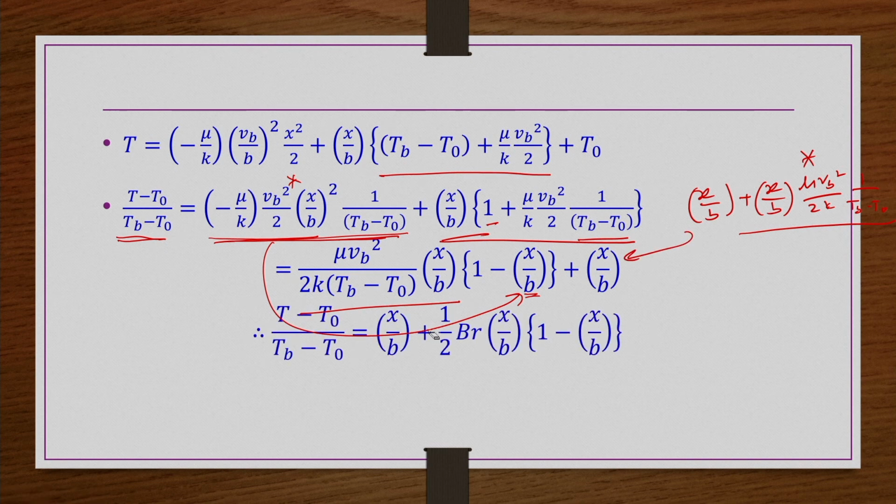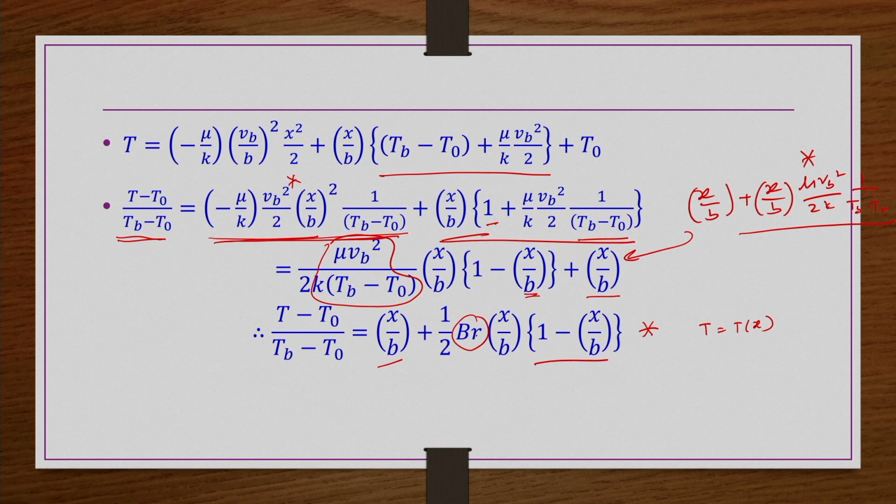So, now T minus T naught by Tb minus T naught is equal to x by b plus 1 by 2, this entire term, which I am calling Br, times x by b multiplied by 1 minus x by b. This is the final temperature profile in a simplified manner, because we know that T is a function of x only.